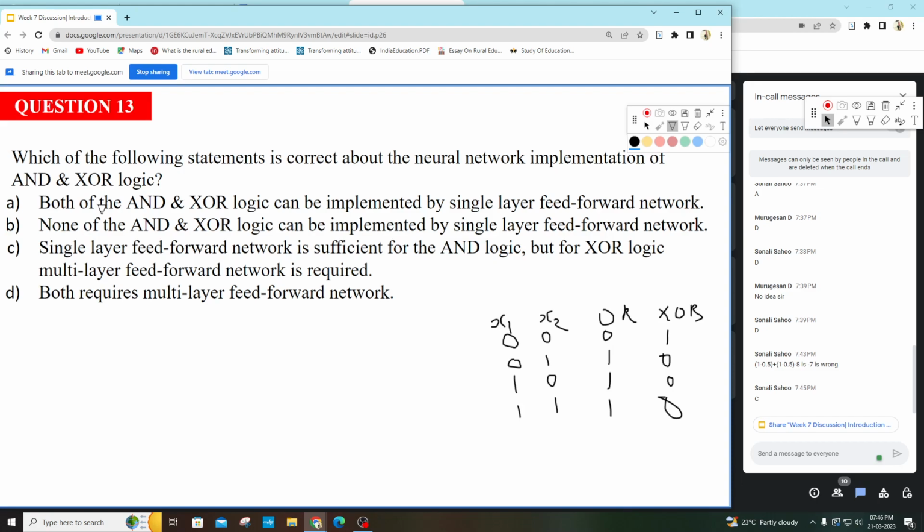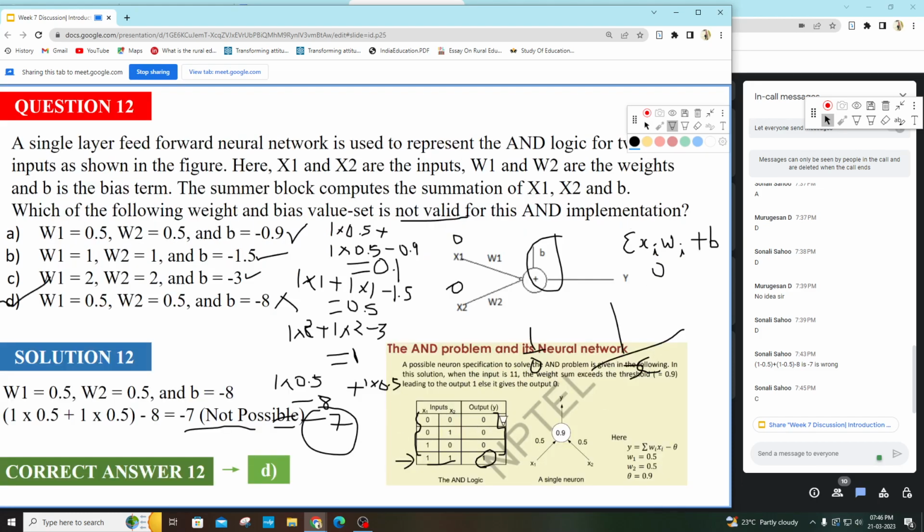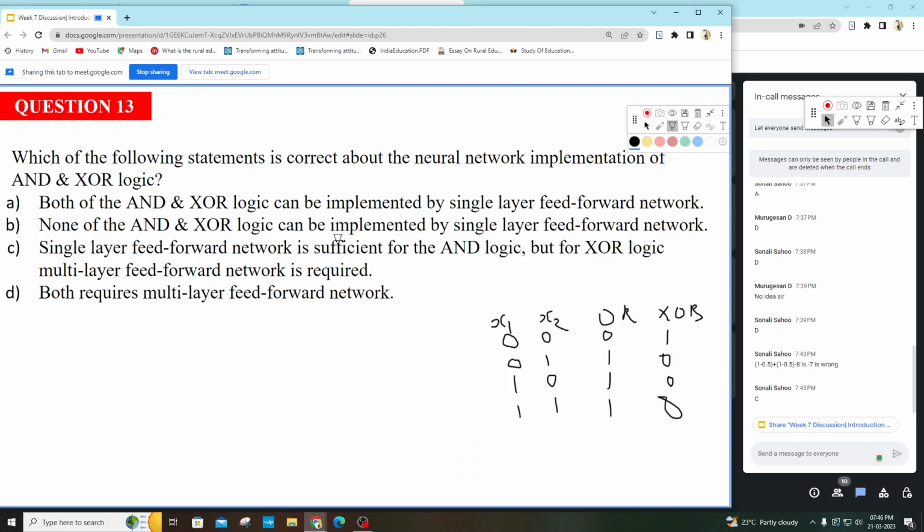Now what has been asked in the question is whether both AND and XOR logic can be implemented by a single layer feed forward network. AND can be implemented by a single layer, but XOR cannot, because after this OR we are putting another column.